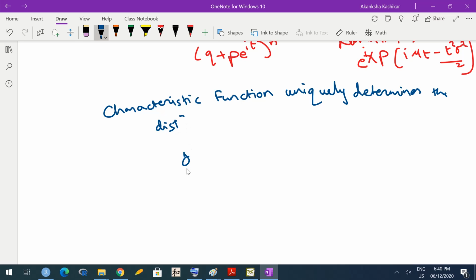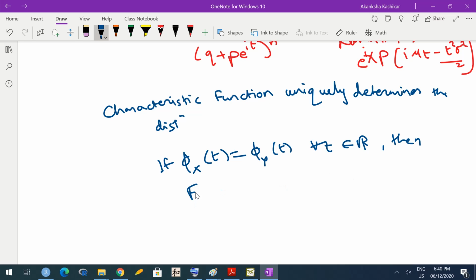What does it mean? If phi X(t) is equal to phi Y(t) for every t in R, then the distribution of X is exactly the same as the distribution of Y. The reverse is of course true. If the distribution is the same, then the characteristic function would also be the same, because while taking expectation we just need the distribution.